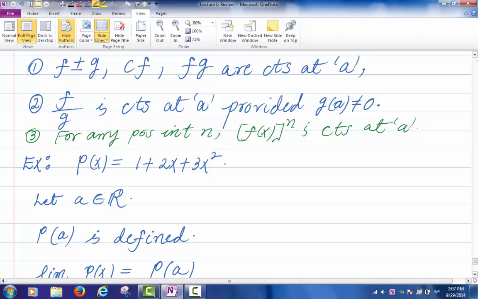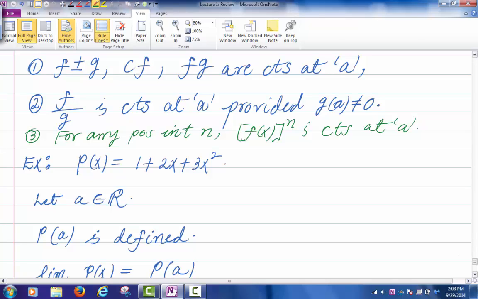And then you can say f squared times f, which will be f cubed, right? All those powers of f are just products of it. What is f to the n? You multiply f with itself n times, right? So just by using this, we know that number 3 is true as well. So any power of f where the exponent is a positive integer would be continuous at a as well.